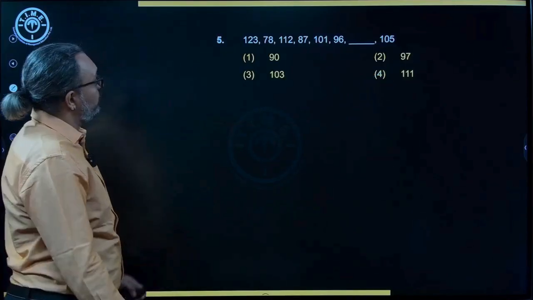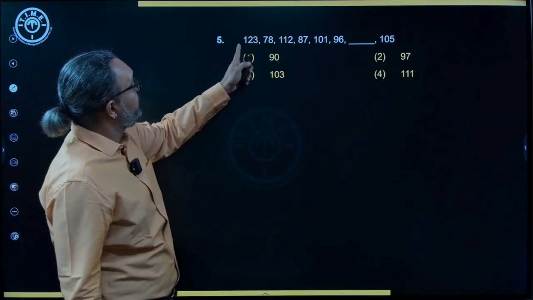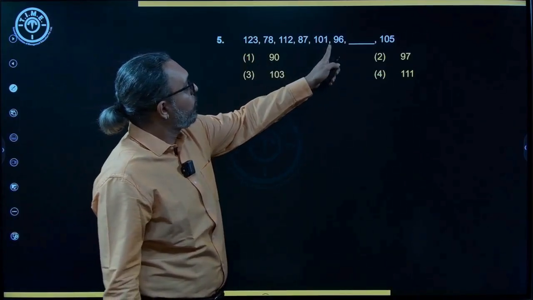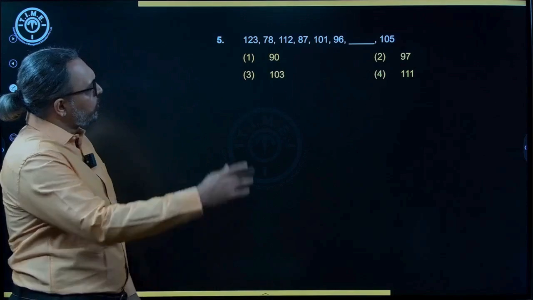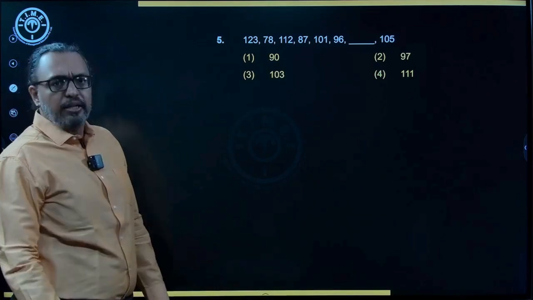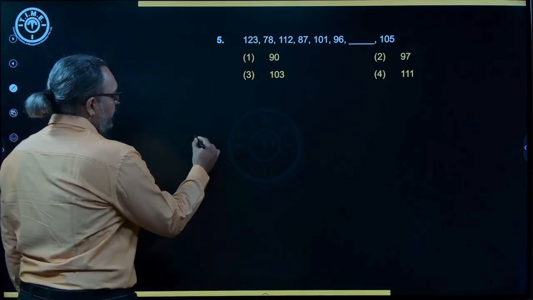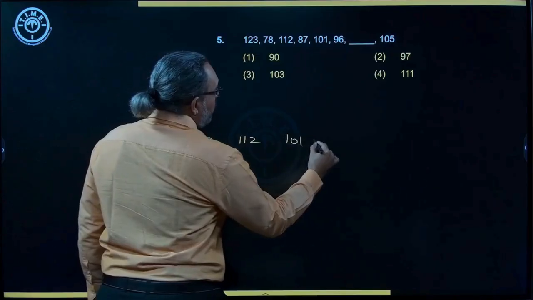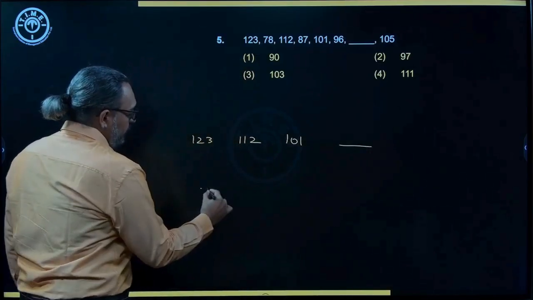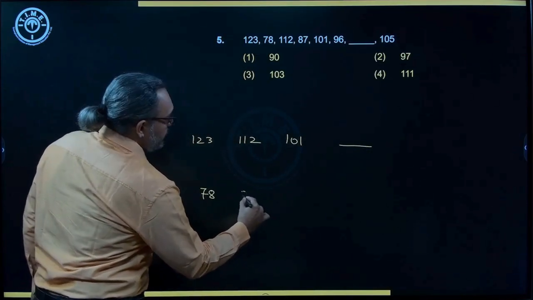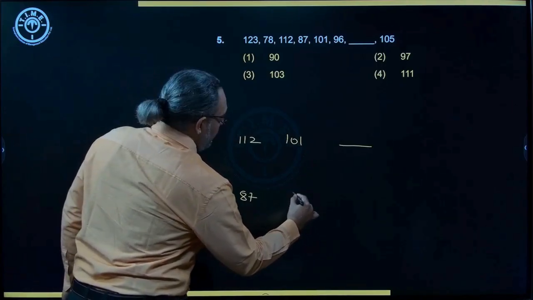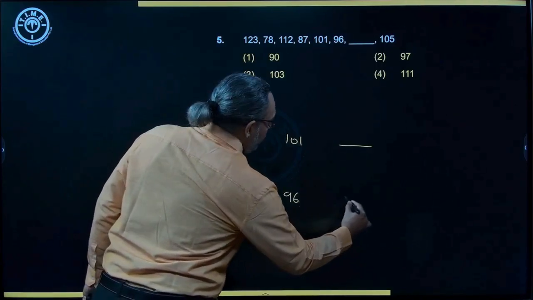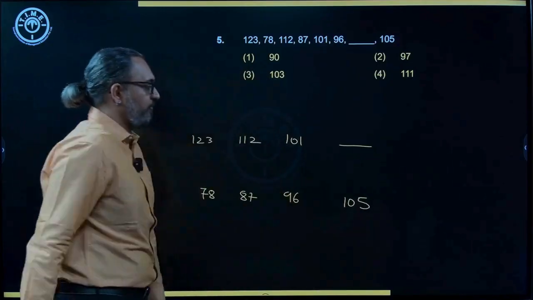Then next one. Yes, now you have 123, 78, 112, 87, 101, 96, correct? So this again we can consider them as alternate. Okay, so if we take 123, then 112, then 101, then you have a blank, then here 78, then 87, then 96 and 105, correct?